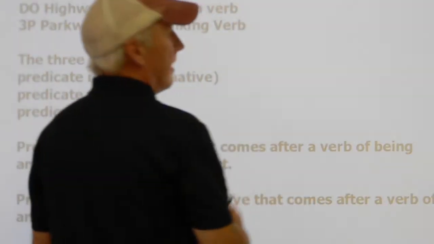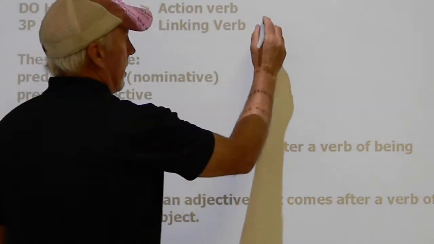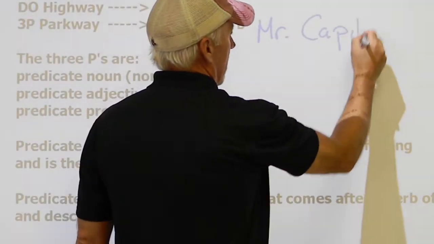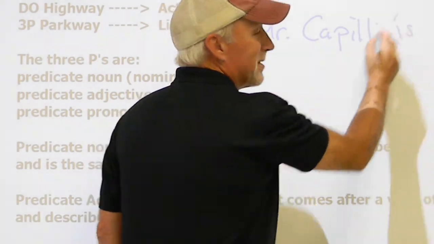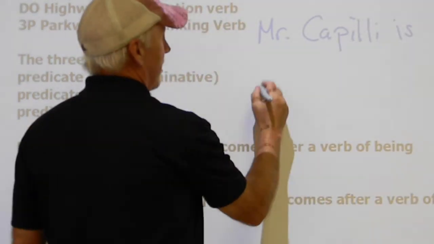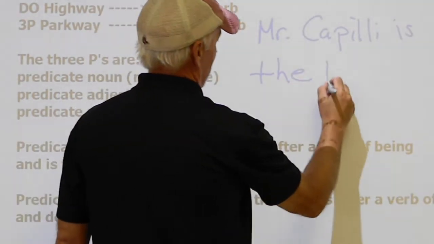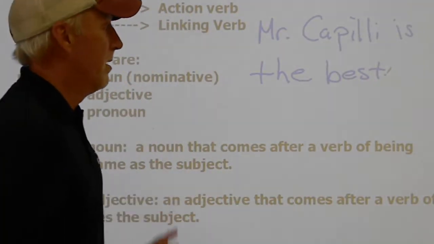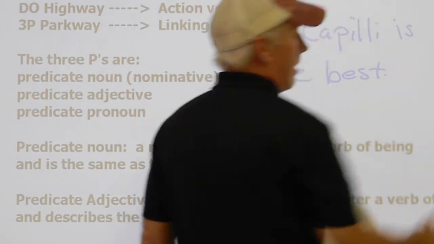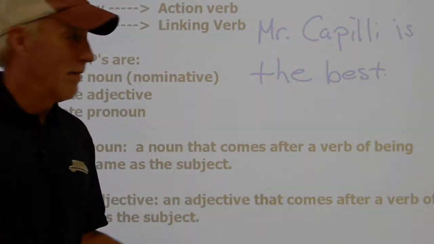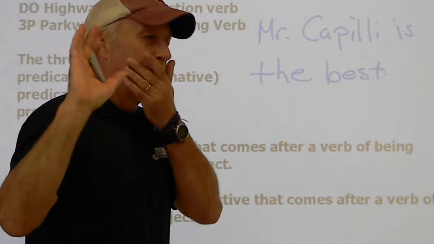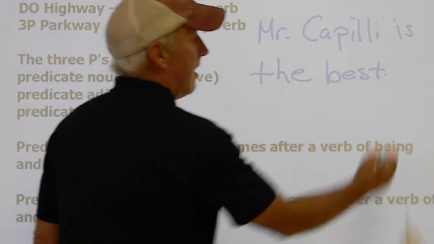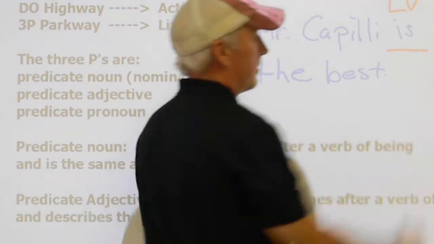Predicate adjective. Let's keep it simple. Mr. Capilli is the best. It's not a great sentence, but just to prove what we're doing here. Is is the linking verb, right?